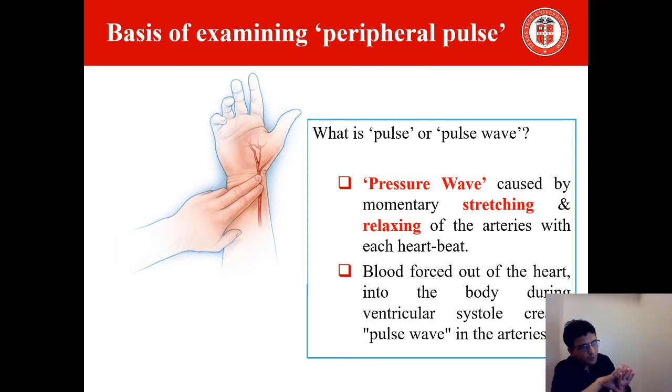Now I just want to talk very briefly about its physiology, how this pressure wave is produced. Once the ventricles of the heart contract, the blood is pumped out of the aorta, and from the aorta it goes to all parts of the peripheral body. This pressure wave moves from the heart to the periphery, and we palpate that pressure wave as pulse.